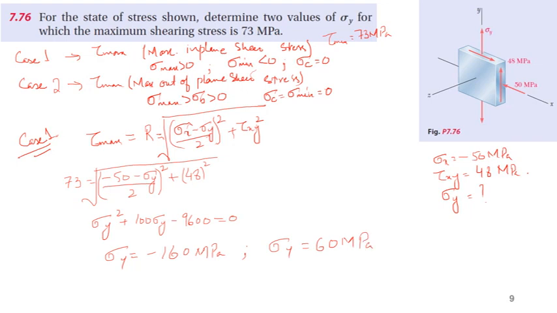Now we have two values, and we have to check which value is valid. How will we check? We will find the maximum and minimum principal stresses, or normal stresses, and they must satisfy the condition that sigma max must be tensile and sigma min must be compressive, whereas sigma C will be 0.